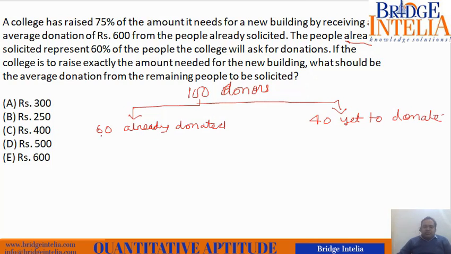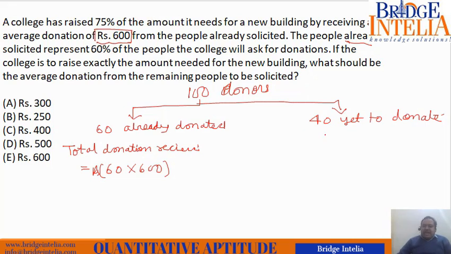What do we know? These people on an average have donated rupees 600. So total donations received from this group is 60 into 600 rupees.